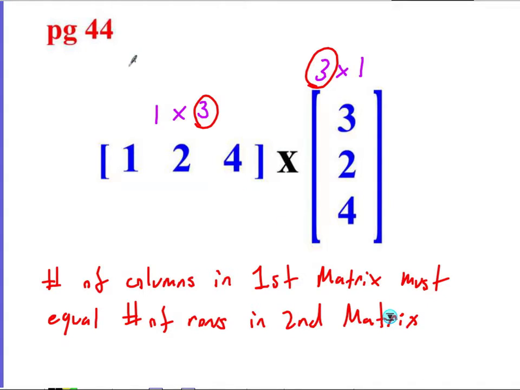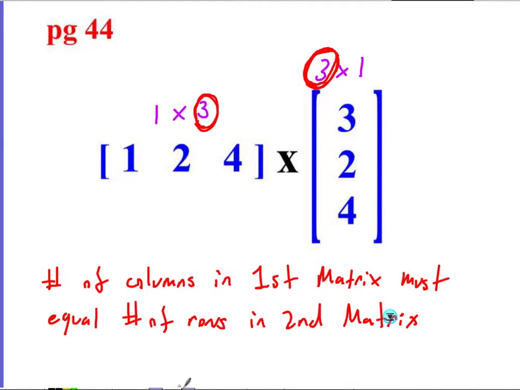So an easy way to find that out is just write the dimensions on top of each matrix, and if the inside numbers match, and only if the inside numbers match, you can multiply the matrices. So again, the number of columns in the first matrix must equal the number of rows in the second matrix. So in this case, they're both 3. Then yes, we can multiply these together.